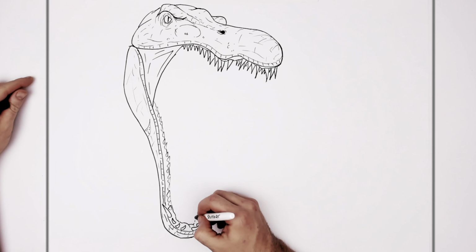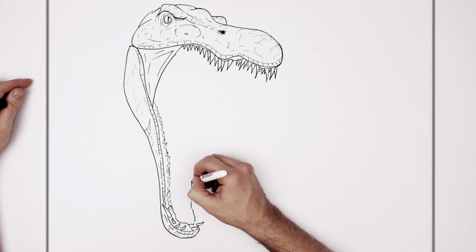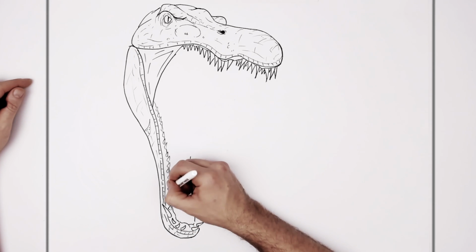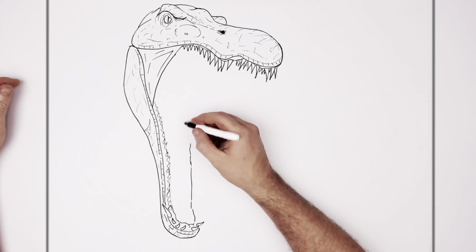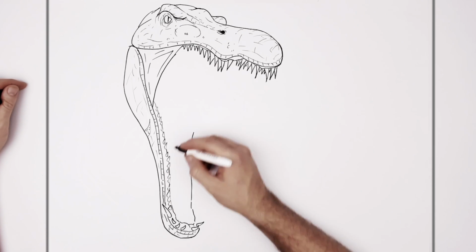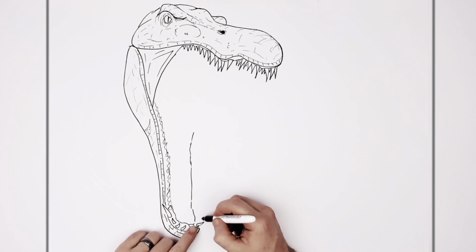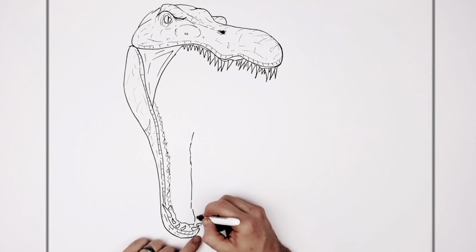And then up the other side, so we can see the other side of it here. I think it disappears underneath his tongue. And then we got a big tooth here.